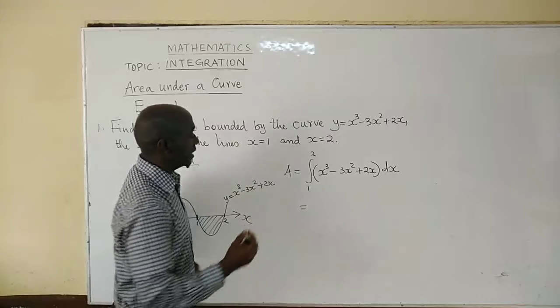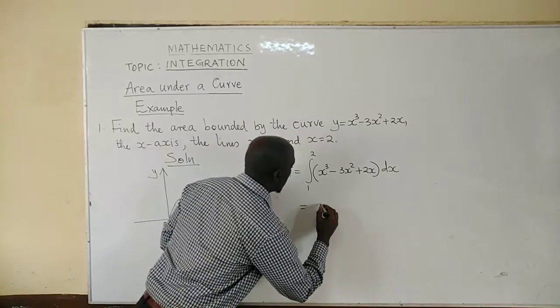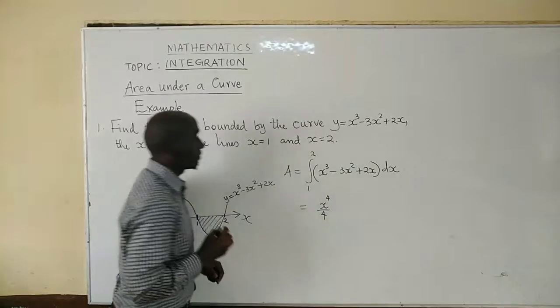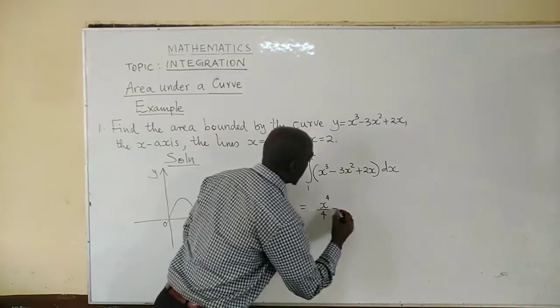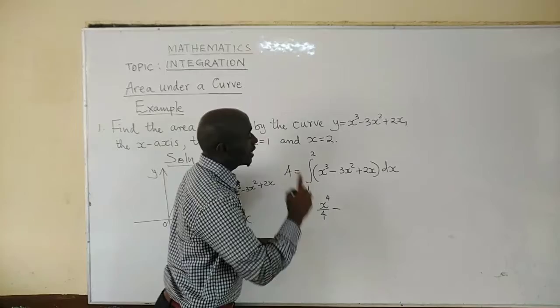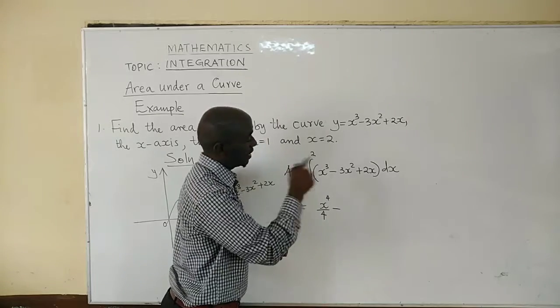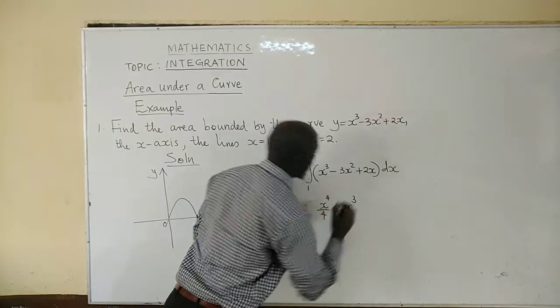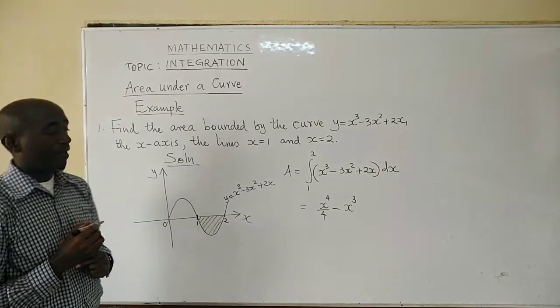If you integrate, you will get x power 4 over 4. Then minus, if you integrate 3x squared, you will get 3x cubed over 3, and 3 and 3 will cancel. We will have x power 3.